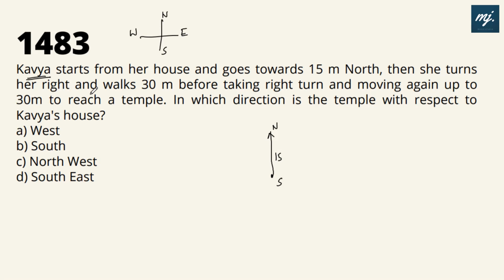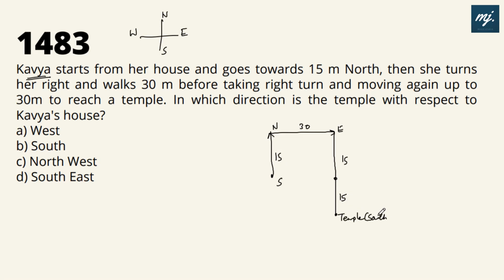She then turns to her right, that is my right, and walks 30 meters towards east. Before taking a right turn and moving again up to 30 meters. Now from east, if you take a right turn, that means you are moving towards south. 15 in parallel to this, but you are moving 30 meters, so this would be 15 more, and reaches a temple. This is the temple towards the south.